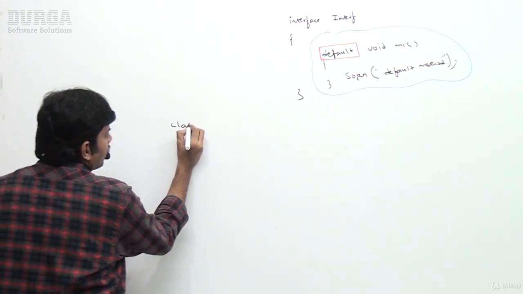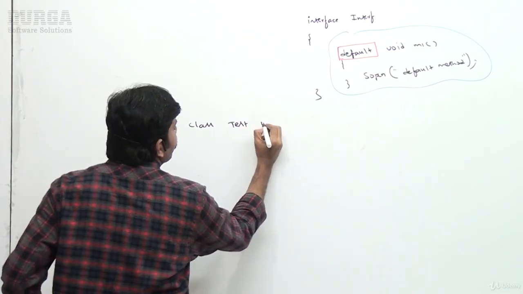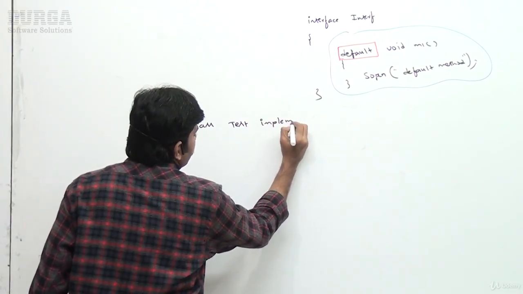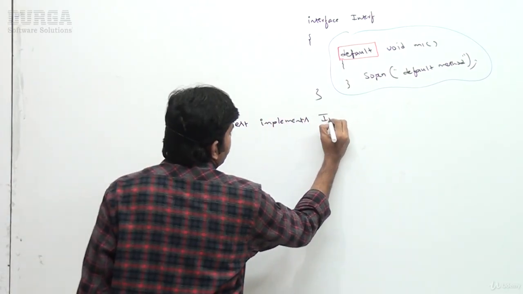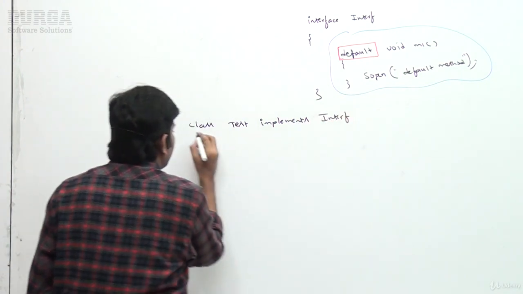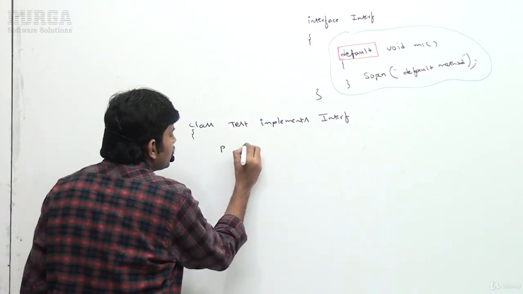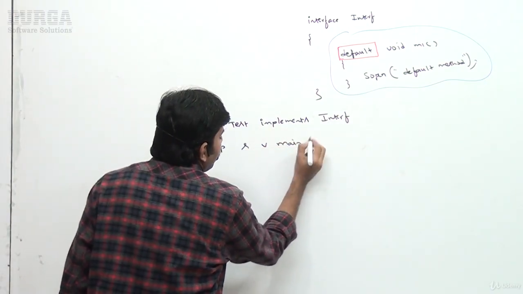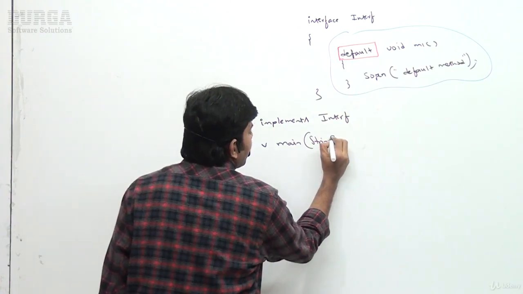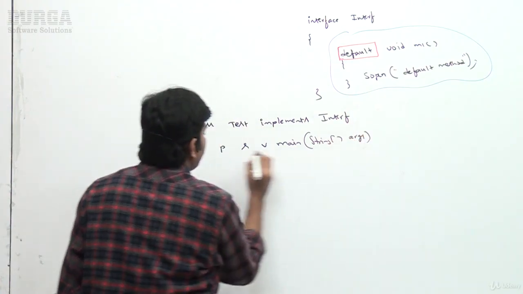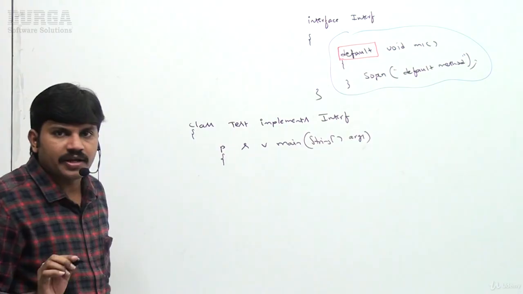Have a look once. Class Test implements Interf. Now public static void main, String array args.